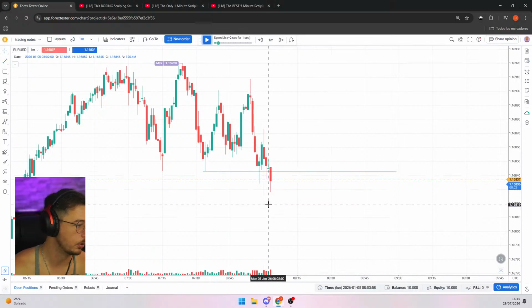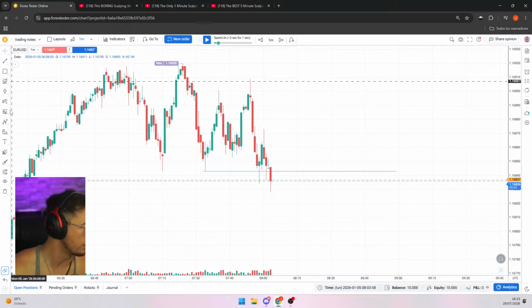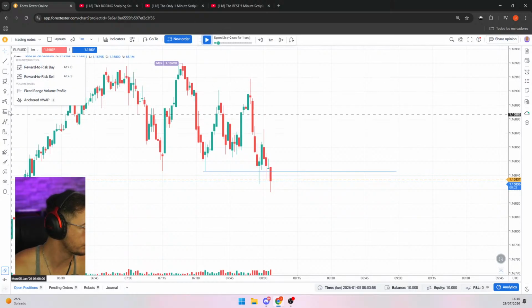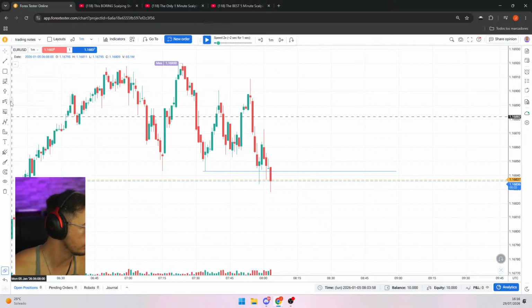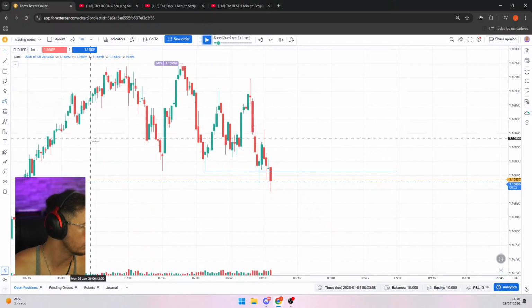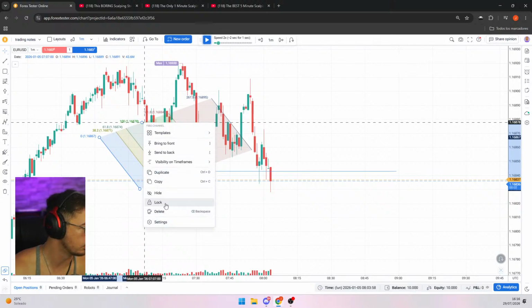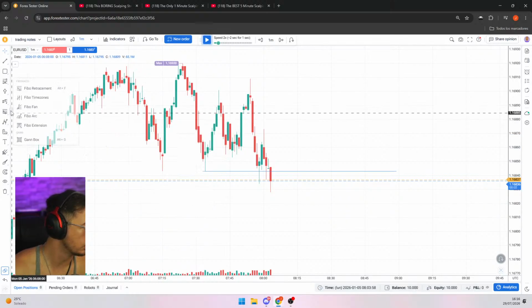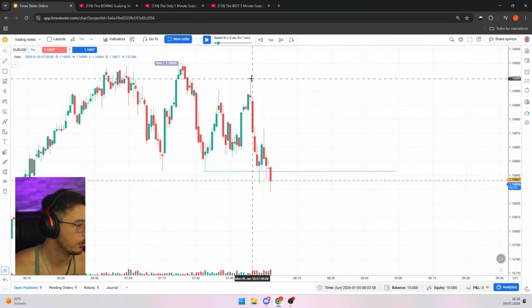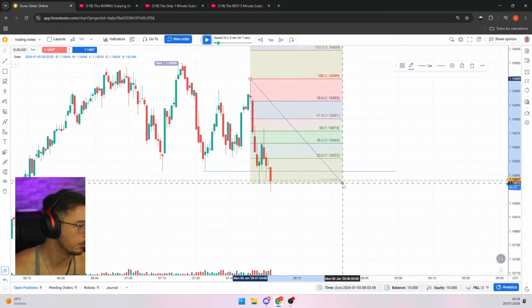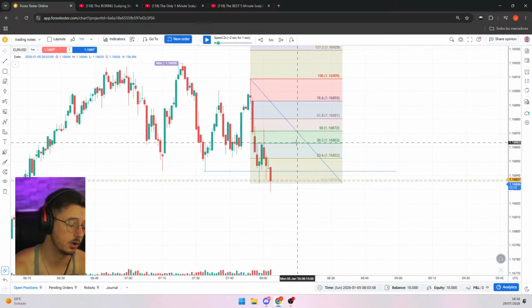So basically, when we trace out Fibonacci, that is here. No, it isn't. Where is it? No, that's not what I wanted. There it is. So, Fibo retracement, there we go. 50%, just like I said before.